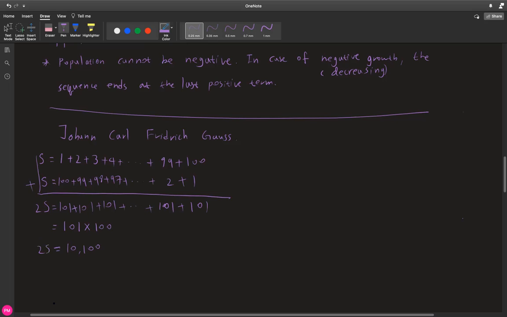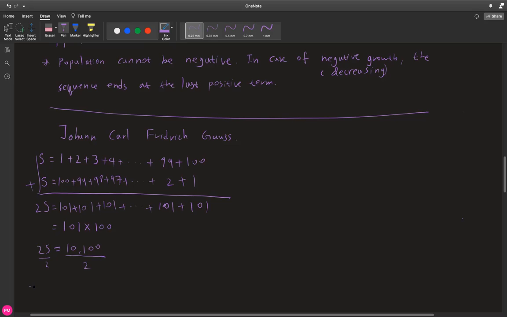And this is still 2s. So this is not the answer you are to find though, because this is not the s that he wanted to find, but this is actually the 2s. So what do you do? You simply divide each side by 2.